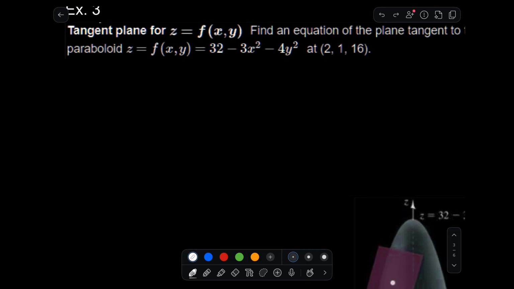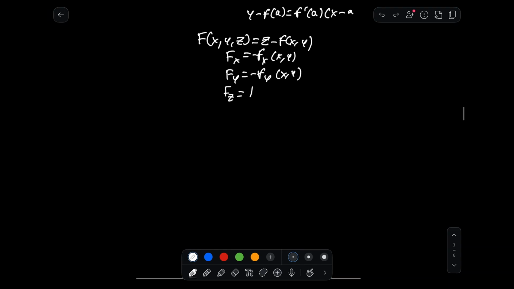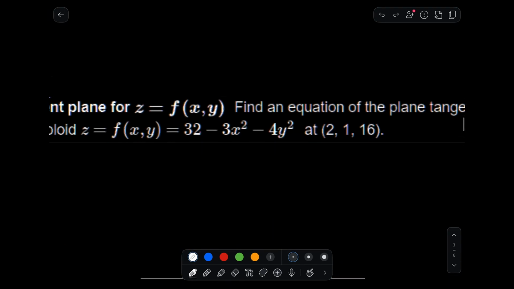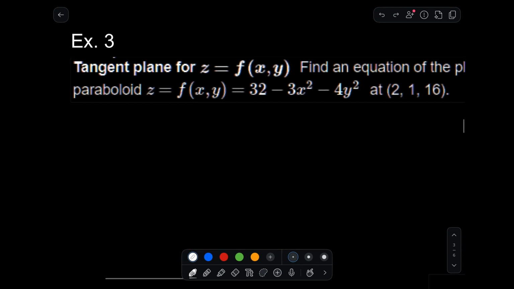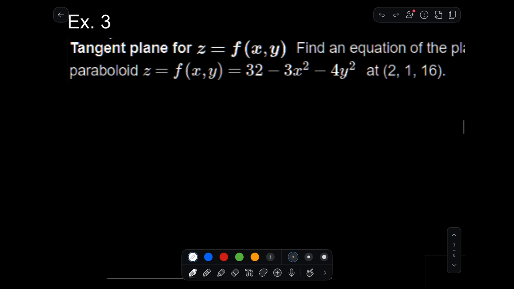The first thing we want to do is refer back to our idea right here. We want it in terms of F(x, y, z). So we're going to do z minus f(x, y) equal to 32 minus 3x squared minus 4y squared.